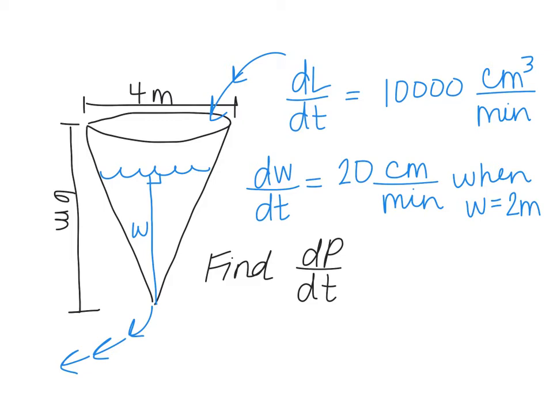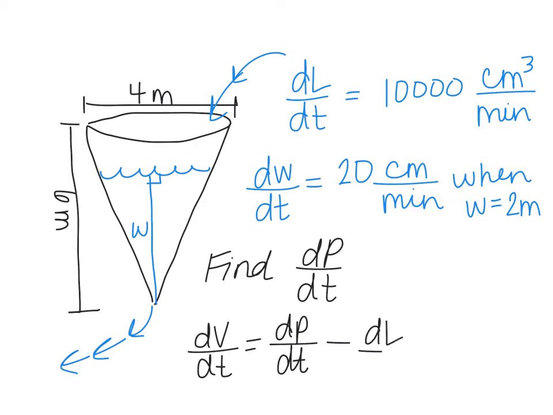So let's talk about the rate at which the volume is changing. The volume is changing as I pour water in, but then I am leaking water out. So the actual rate of change of volume would be the rate at which I'm pouring the water in, which is dP/dt, minus the leaking rate, which is dL/dt.